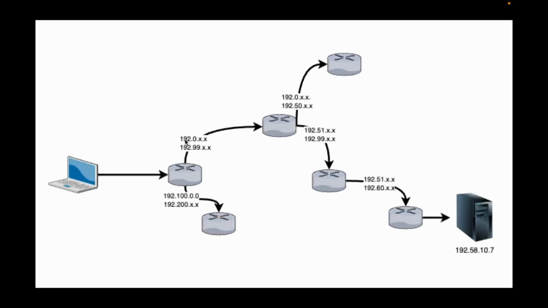One is 192.0 till 192.99. So this traffic will go here, and if the IP range is 100 till 200, that traffic will go here. The IP address we are interested in is 192.58. So that means we have to jump here, so our packet will jump to this router.